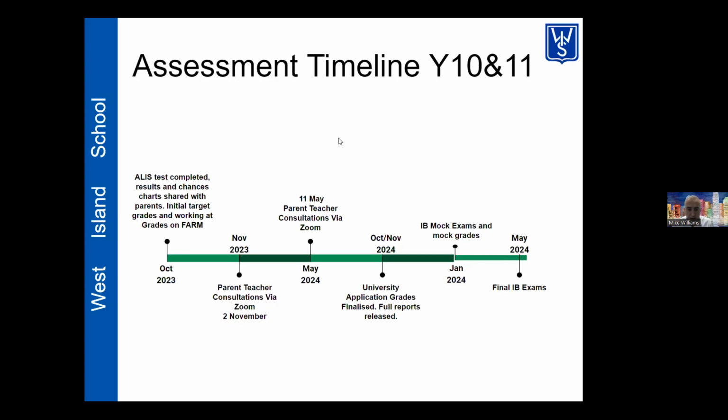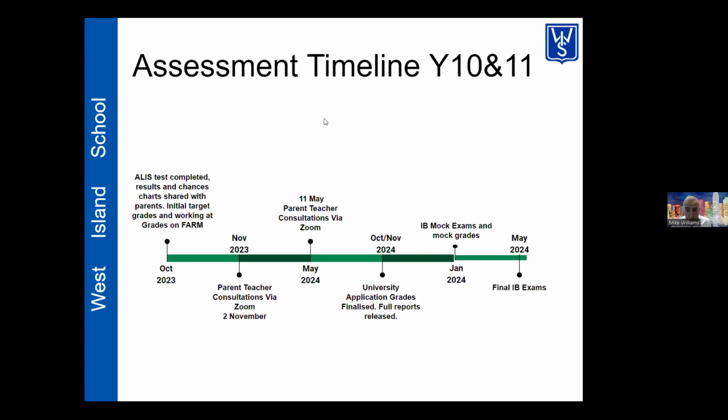Then again, at the end of the year, we don't have a report at the end of Year 12. We have another parent consultation, which comes from feedback from parents saying that they really value the information they get in parent consultations. And then in October, this time next year, your children will be getting their university application grades, which are very important, because these are the grades the teachers put on the transcripts that go to the university.